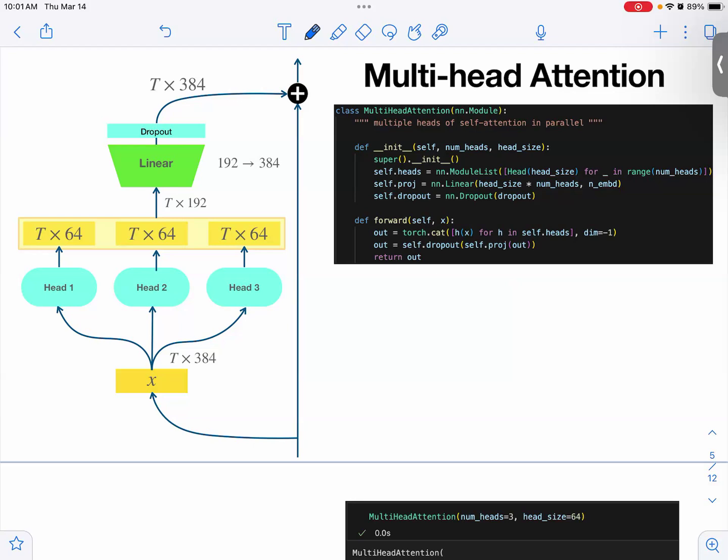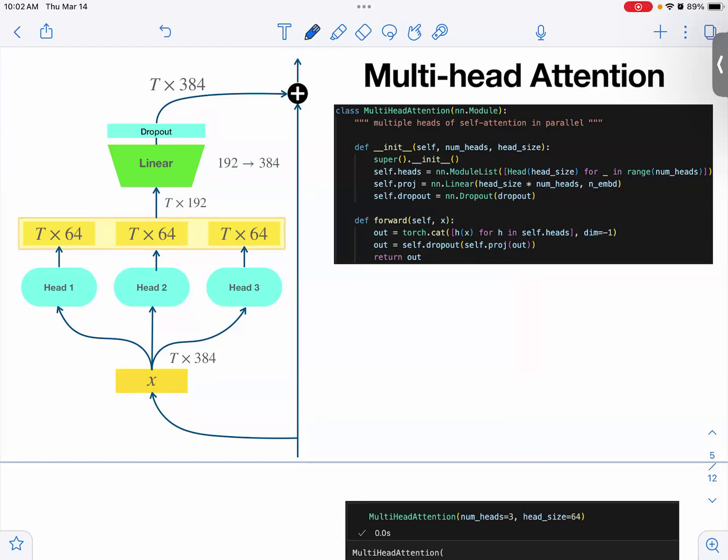And then I concatenate, so let's say each one maps it to 64 dimensions, and then I concatenate them. So let's say in this case, maybe 192. And then I have to map it back to 384, which I'll usually do by a linear map, from 192 to 384. One dropout for good measure, and then that's the multi-headed attention.